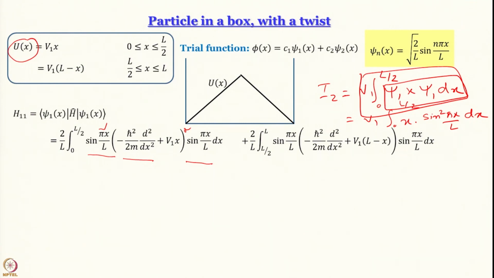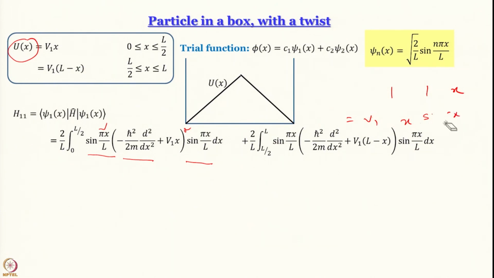Here I am just integrating from 0 to L by 2. So, we know how to solve this integral using integration by parts. That is what one has to do. I am skipping all the steps here, but I have told you how to go about it, and I would encourage you to do this by yourself.